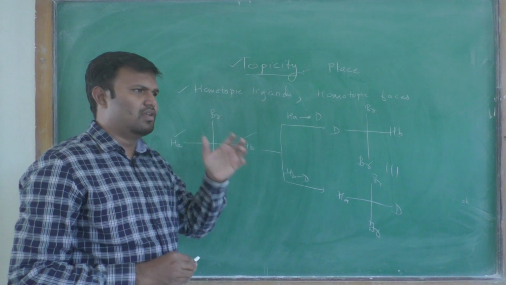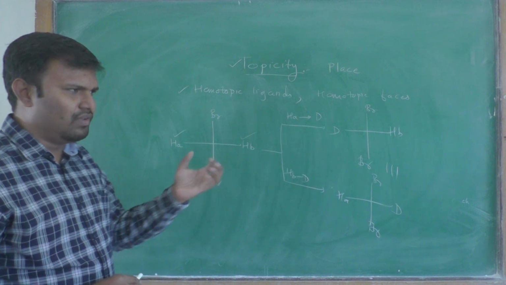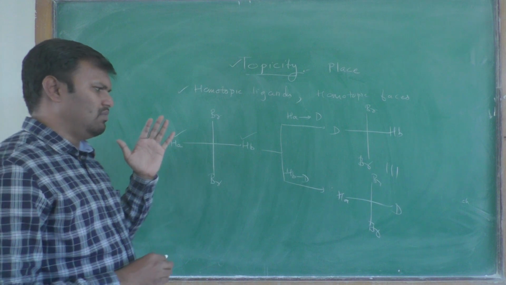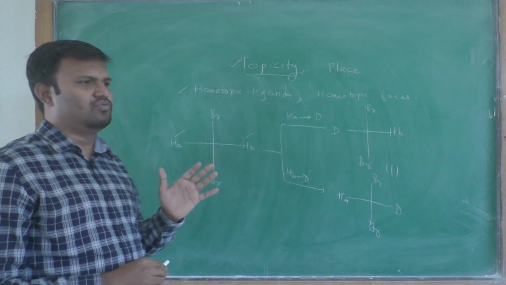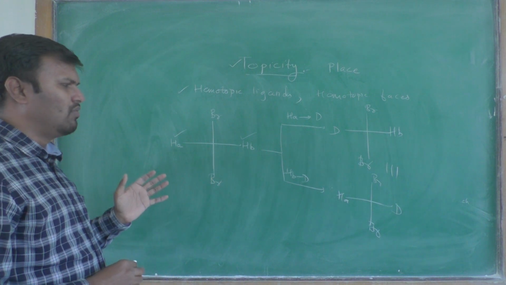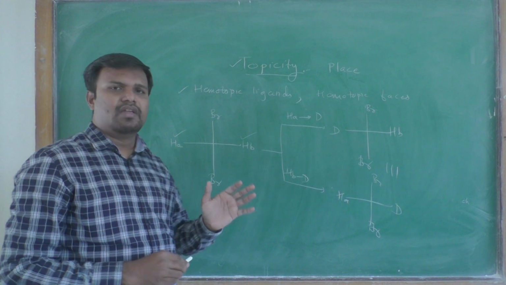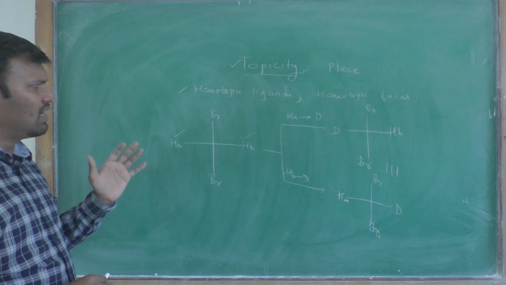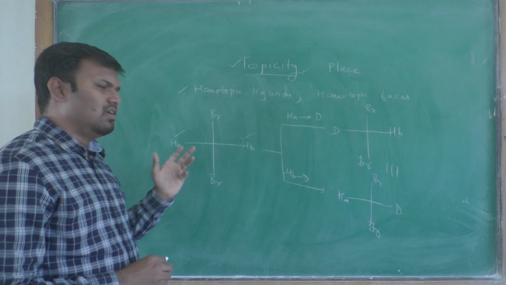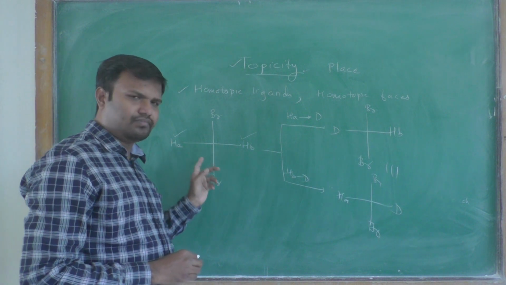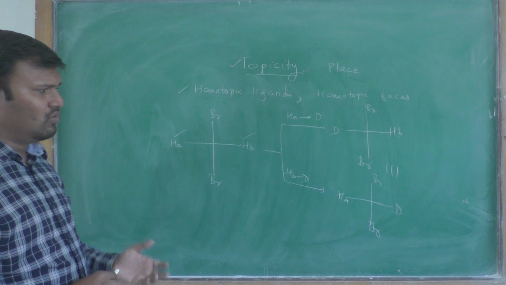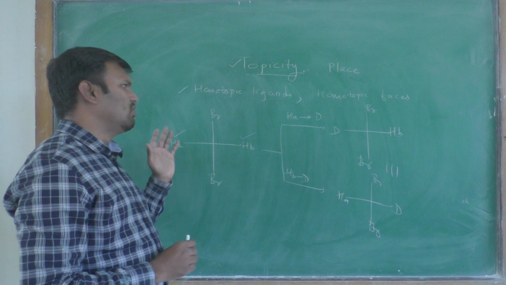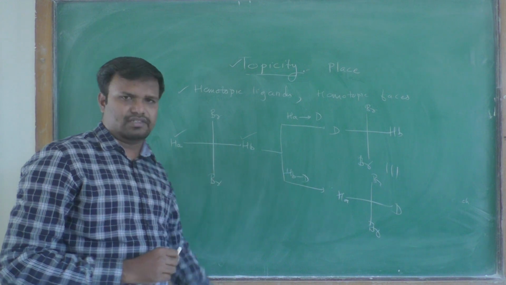Homomorphic group means what? When isolated, they look the same, superimposable mirror images of each other. Therefore, these are homomorphic ligands. And when homomorphic ligands, on replacement of these two groups, give the same chemical species, they are called homotopic ligands.